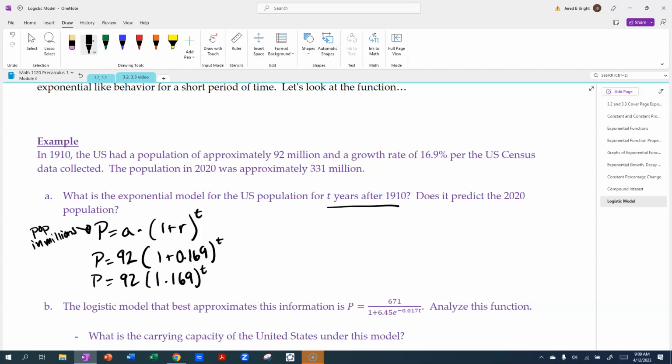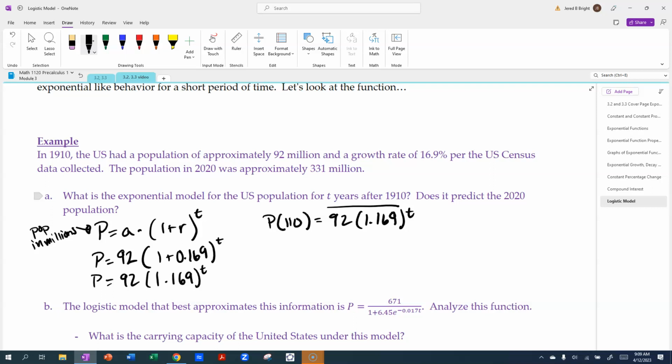Okay, so just rewriting this whole thing, 92 times 1.169 to the t. And now if I look at the population in year 2020, that would be 110 years after 1910. And for this, I get 92 times 1.169 to the t. And if I put this in my calculator, I get 92 times 1.169, all raised to the 110 power.